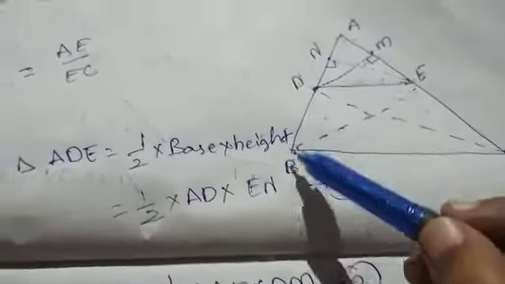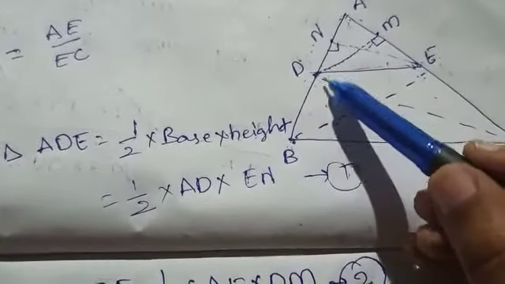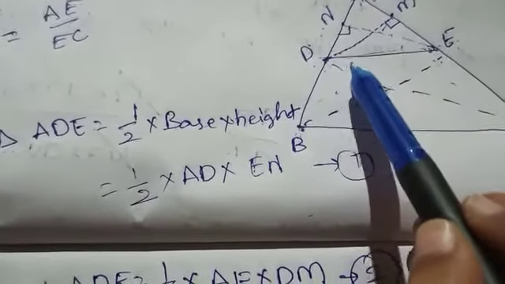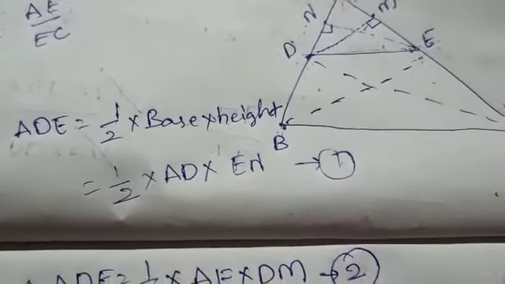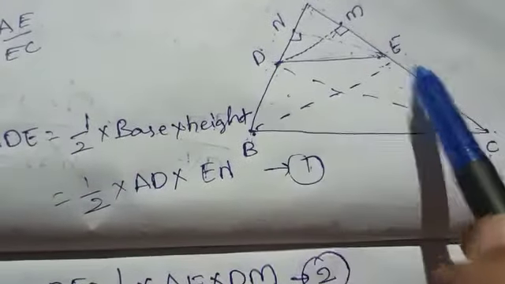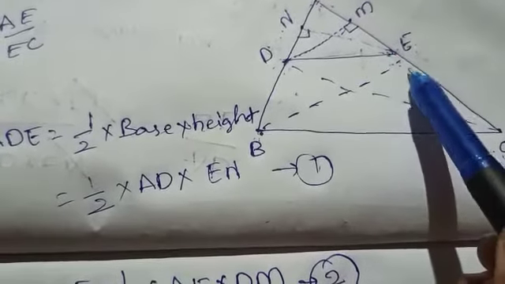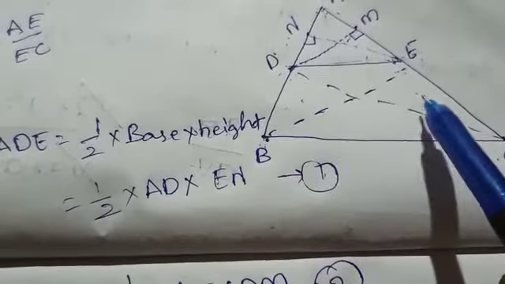See here BDE, angle D is more than 90 degrees. Okay, this is more than 90 degrees. This is the obtuse triangle. See DEC, here angle E is more than 90 degrees. This is the obtuse triangle. Okay, these two triangles are obtuse triangles.